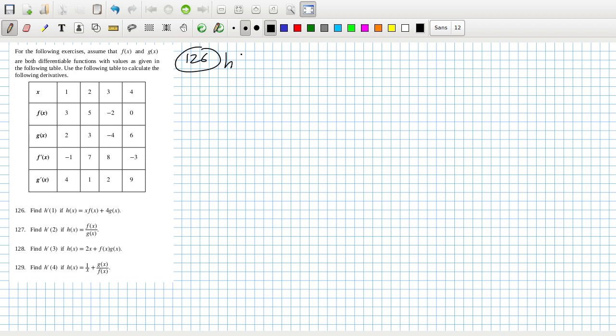Yeah, okay, so 126, h'(1). So that would be the product rule. So that's 1 times f(x) plus x times f'(x) plus 4 g'(x) when x is 1.